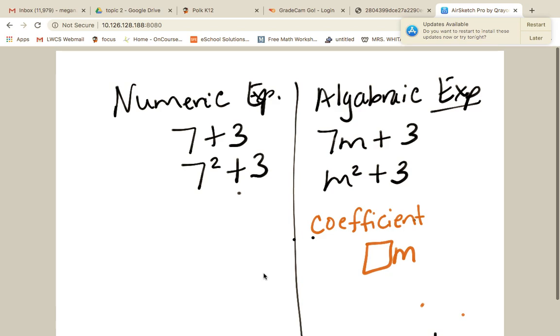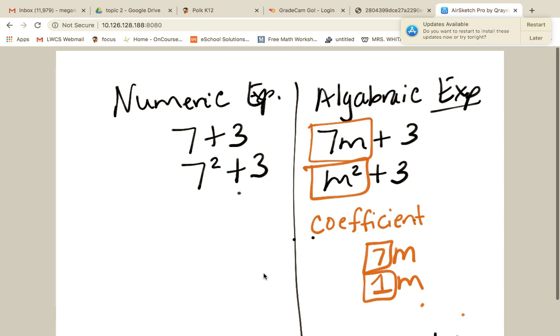So if I'm looking up in this problem, the coefficient would be the 7 because it's right there next to the m. If I ask you for the coefficient here, I don't see a number next to m, but I do know if m is by itself, that means there is just one of them. So the coefficient could be 1 in that situation.